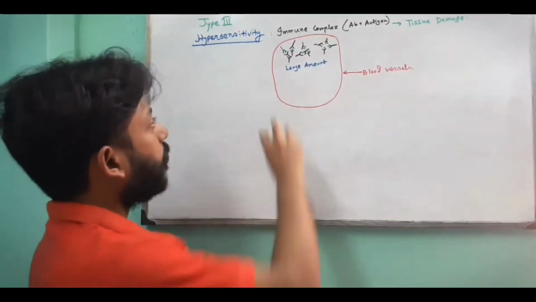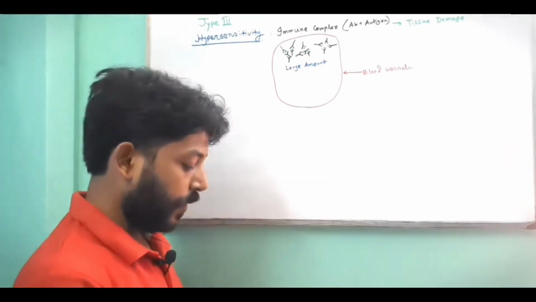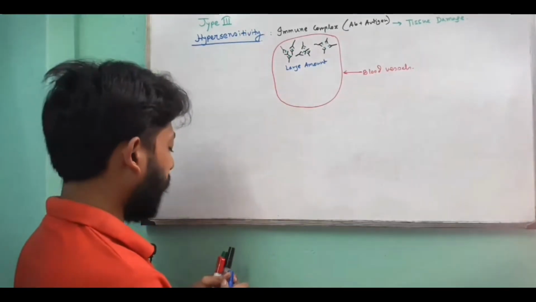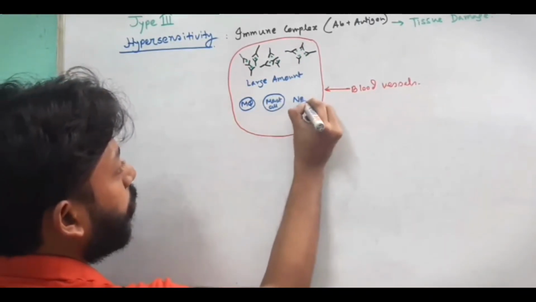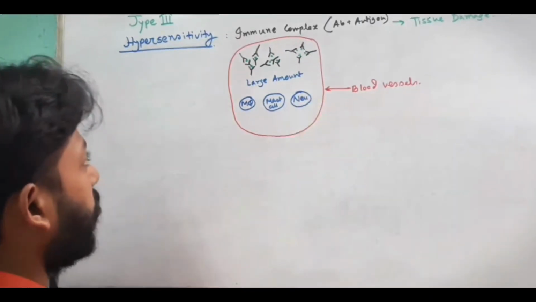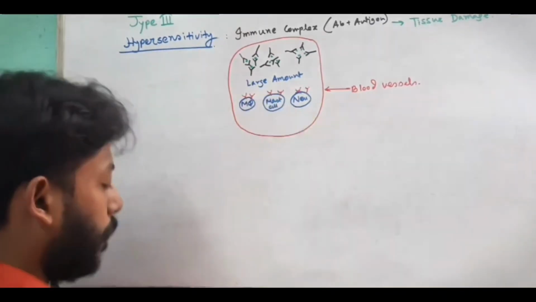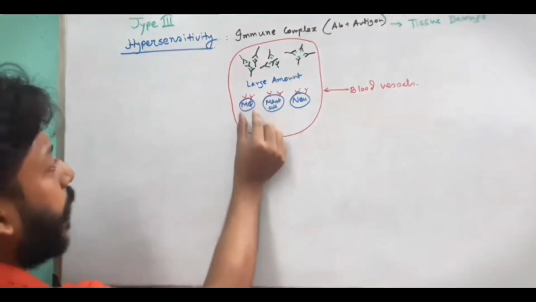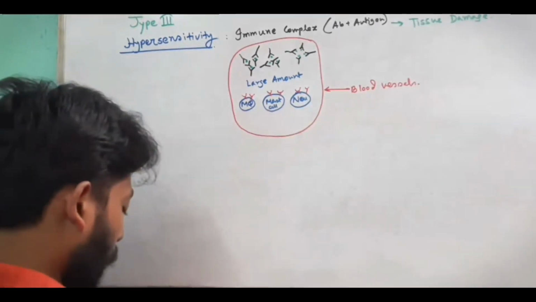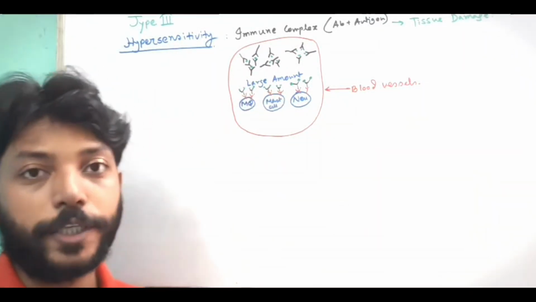So when this immune complex cannot be cleared by the phagocytic cells, then in the blood there are some cells, that is macrophage, mast cell, neutrophil. These cells have a receptor for the antibody, that is called Fc receptor, by which they can bind with this immune complex. When this macrophage, mast cell, neutrophil bind with this immune complex, they start to secrete some molecules.